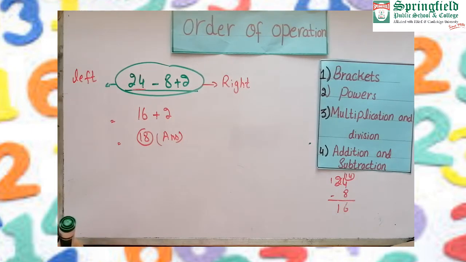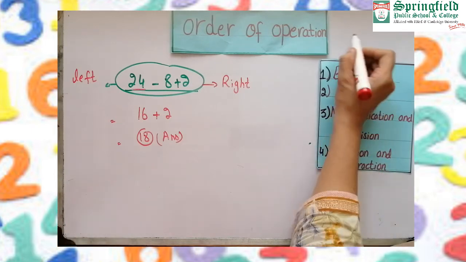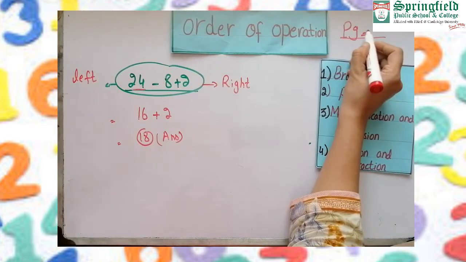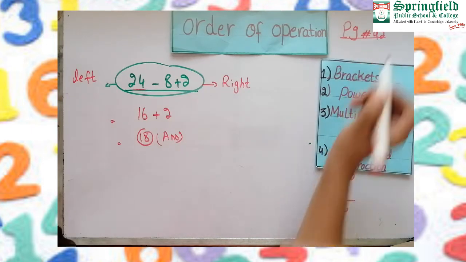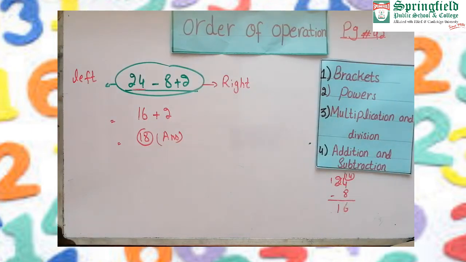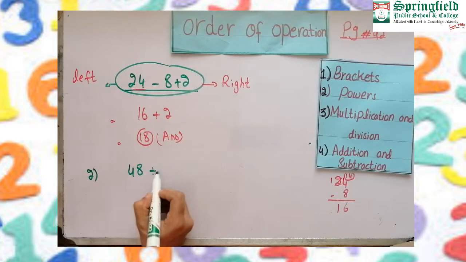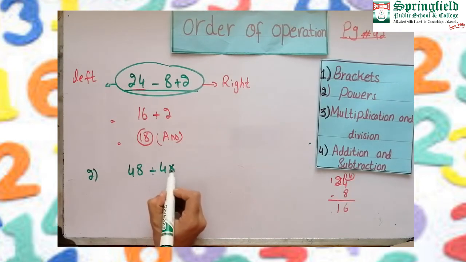Now similarly, when an expression has division and multiplication both in one expression. Let's see page 42, question number 2. They are saying find the value of 48 divided by 4 multiplied by 2.